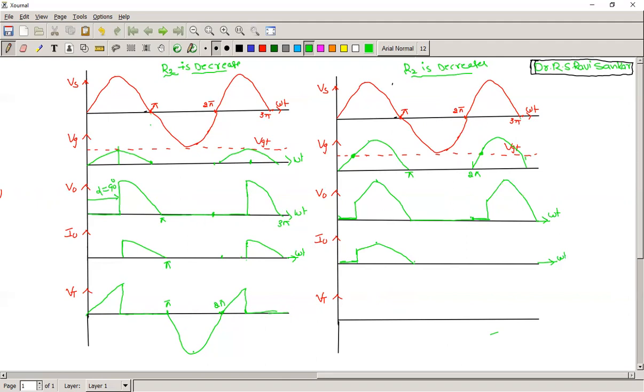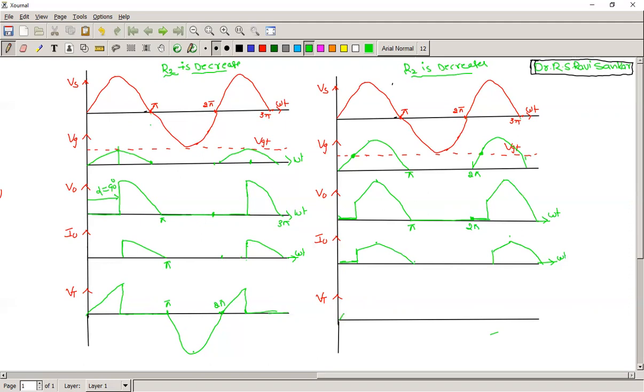And one more point is that we have taken R greater than 1. So this is the waveform for the output current. Now if you draw the voltage across the SCR, from this point to this point the SCR is in blocking state.